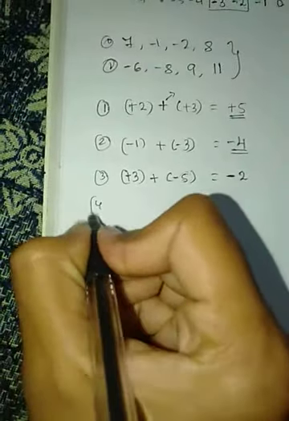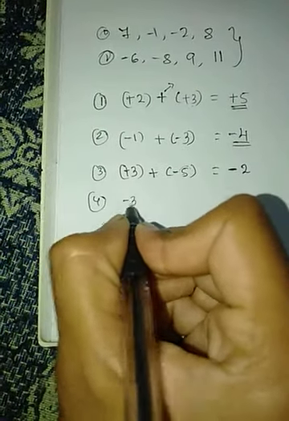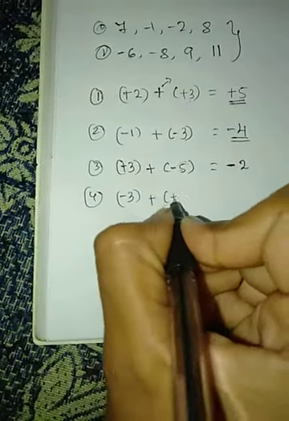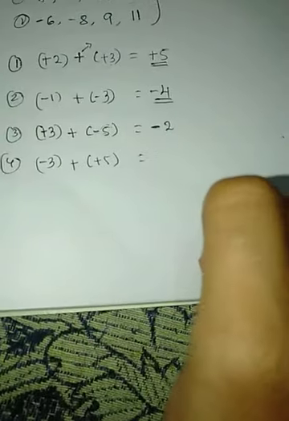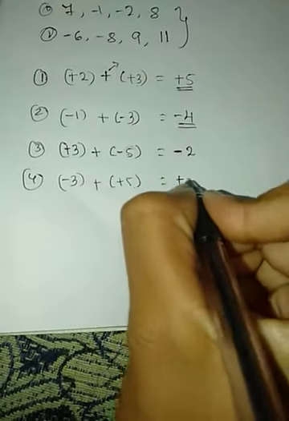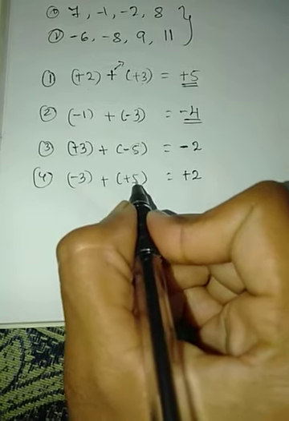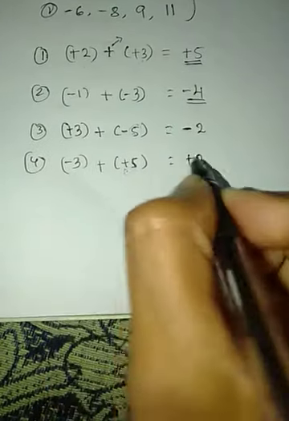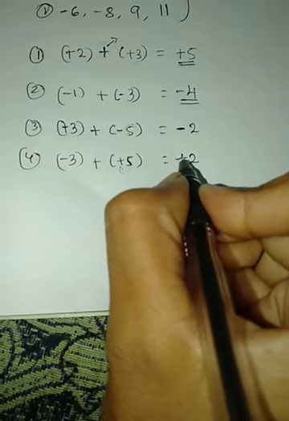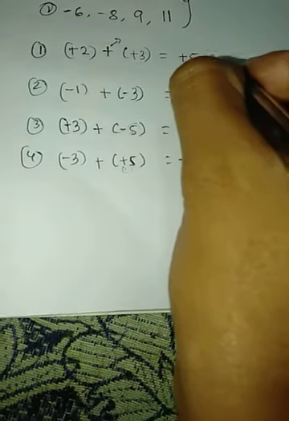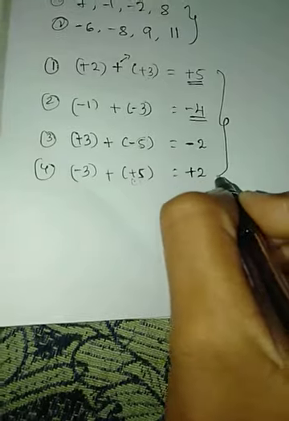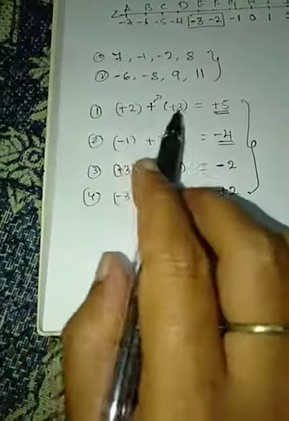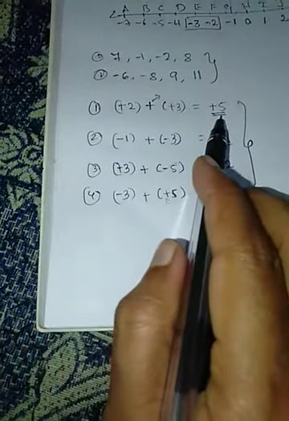For example, let us reverse it. Here this is minus 3, this is plus 5. So what will be the sum? The sum is plus 2, because here the bigger number is 5, the sign is plus, so the sum will also be plus. Remember these rules. When two positive integers are added, the sum will be positive.